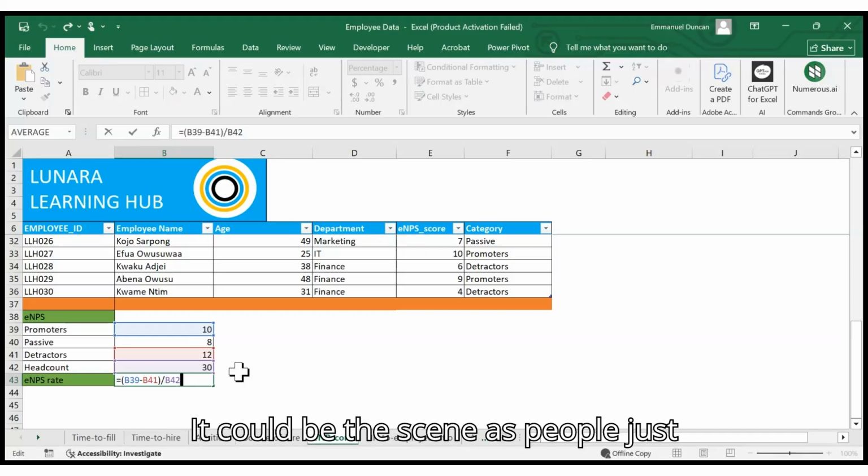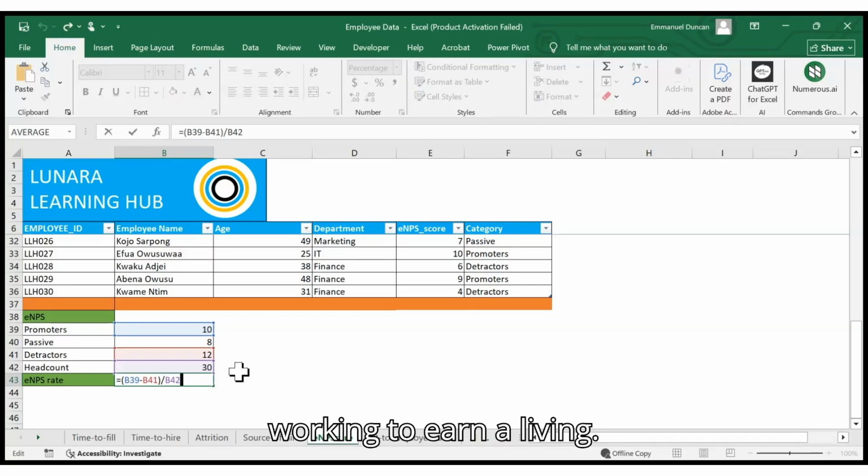They could be seen as people just working to earn a living. So, in calculating your net promoter score, we don't consider such people to avoid any central tendency bias.